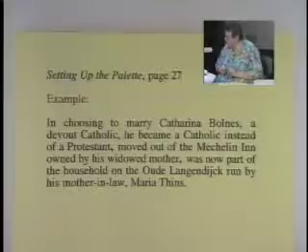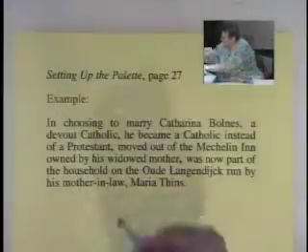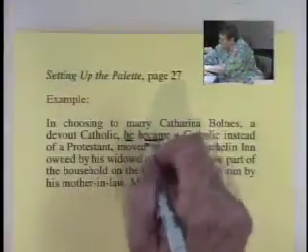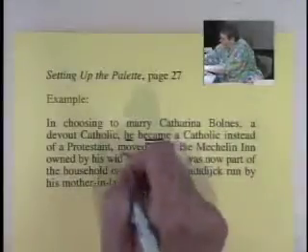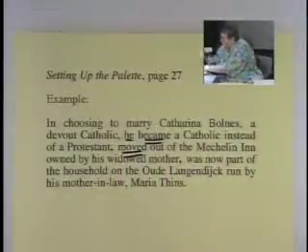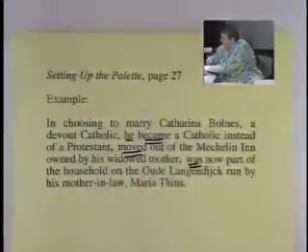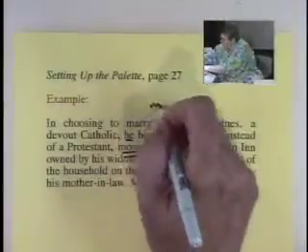Pippa, do you see a subject in this? He. How about a verb? Became. And there's going to be another verb. Moved. And still another verb. Was. What kind of clause are we looking at? Main. What kind of sentence is it? Simple.